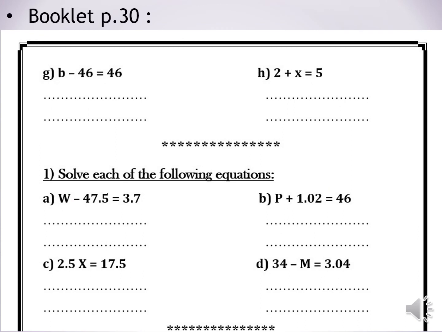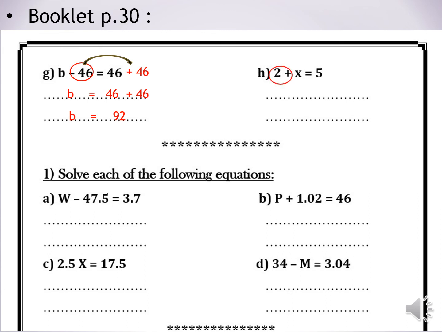Booklet page 30. Letter G, b minus 46 equals 46. Minus 46, send it to the other side with the opposite sign, so it will be plus 46. So b equals 46 plus 46, so b equals 92.